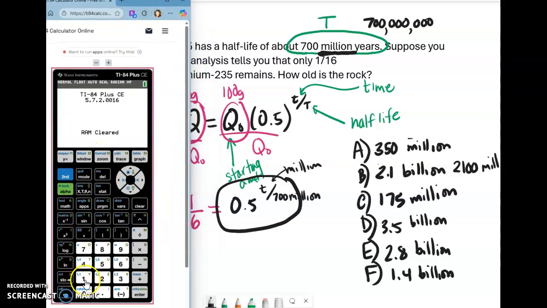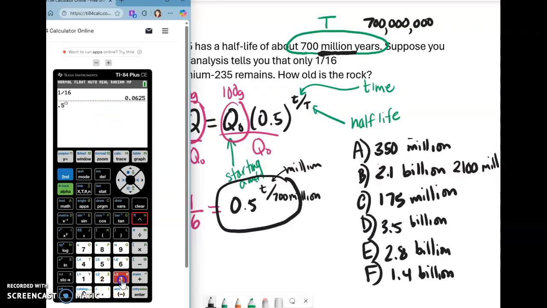The first thing I want to do is see what decimal 1/16 is. So it's 0.0625. Then I'm going to put the right-hand side and see what exponent makes it match. If your calculator uses a caret symbol, make sure you surround the exponent with parentheses. If it superscripts like this, then you don't have to.